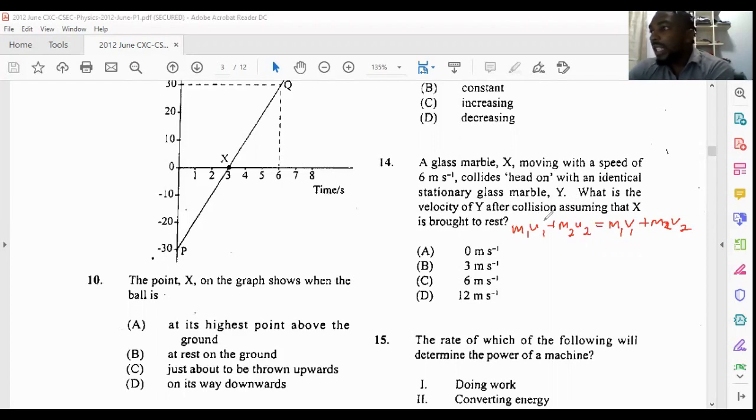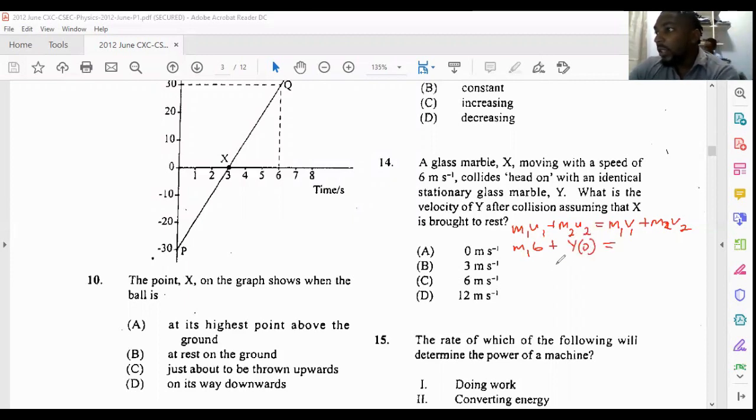Good. So what are we saying here? Let's assume that m1 is X and m2 is Y. Whatever their masses are, let's just say they're a constant value. So the glass marble X moves with a speed, so m1 has a speed of 6, plus m2 is stationary. Y is stationary, so it has a velocity of 0.